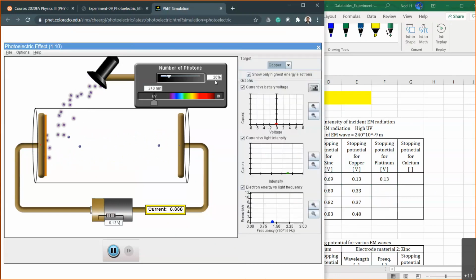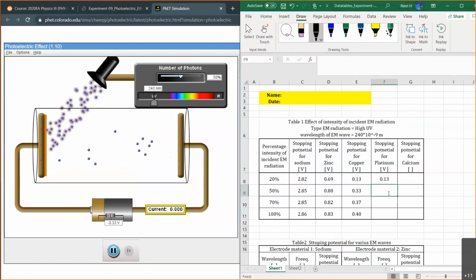Let's continue with percentage. 2 reverse, 5 reverse voltage, 7 reverse voltage, 3, 3, 5, maybe too high, 3.4, 3.3, 3.2, I think it's 3.3. 0.33. It matches exactly with the previous numbers which we got for the copper.